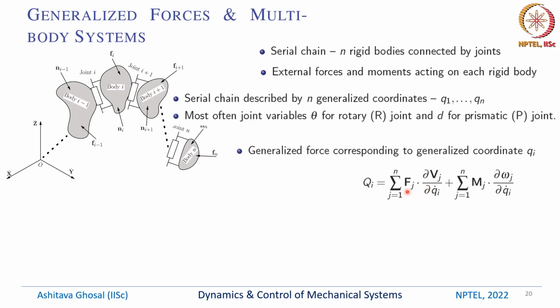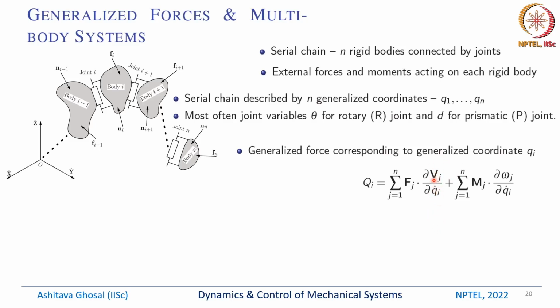which is that you take the dot product of F with partial dVj by dqi dot. So remember, dVj by dqi dot is d position by d theta, or some q, and qi dot is dq divided by dt.